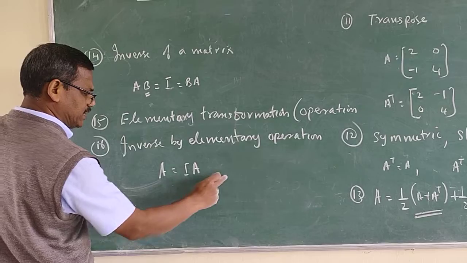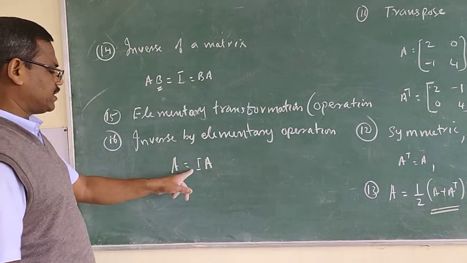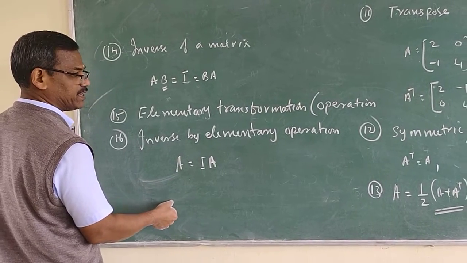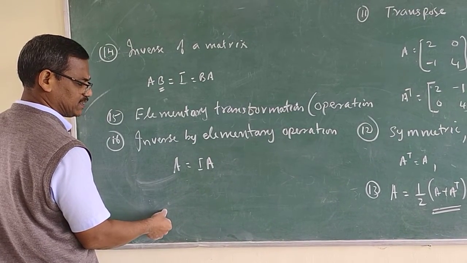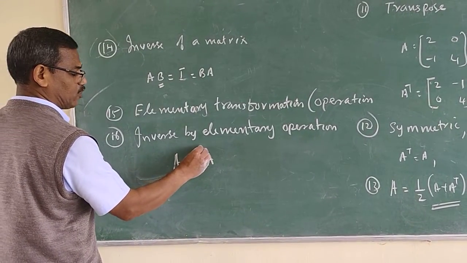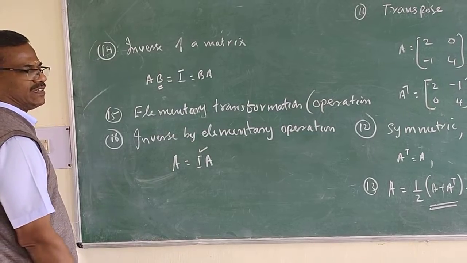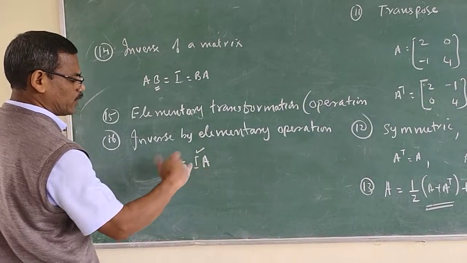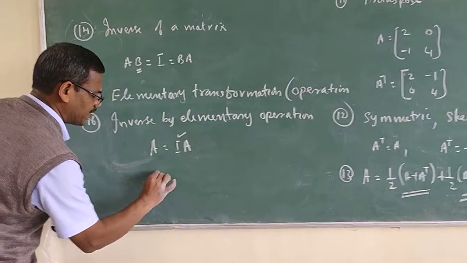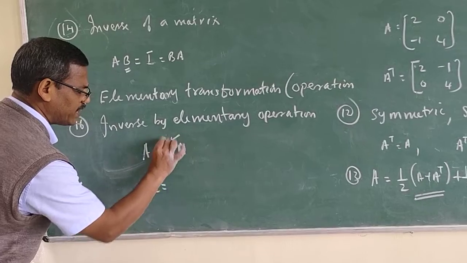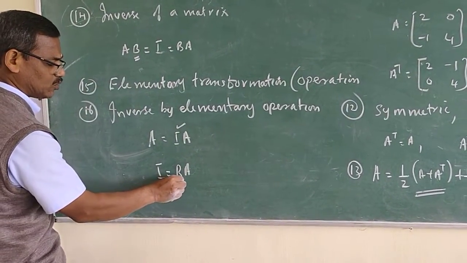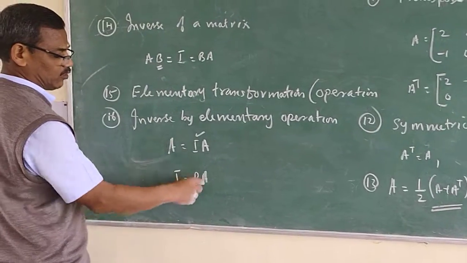Now we apply a series of elementary row operations to convert this A into a unit matrix, or identity matrix. When you do the operations on A, correspondingly the same elementary row operations should be done on I, so that this I will be changed to another matrix. Finally, after a series of elementary row operations, you will get I is equal to BA. So the product is equal to I, then B is called the inverse of A.